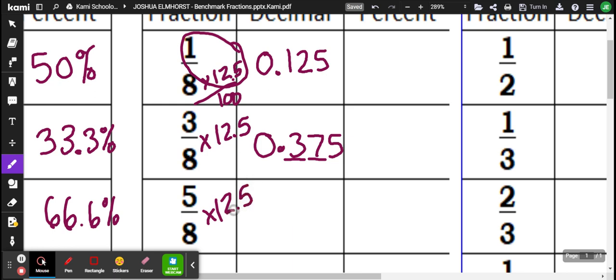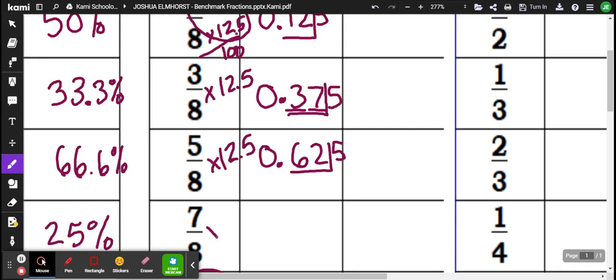5 times 12.5 is going to be 62.5% or 625 thousandths. 5 times 12.5 is about 62%, and then there's a little extra right here. Here's your percent.